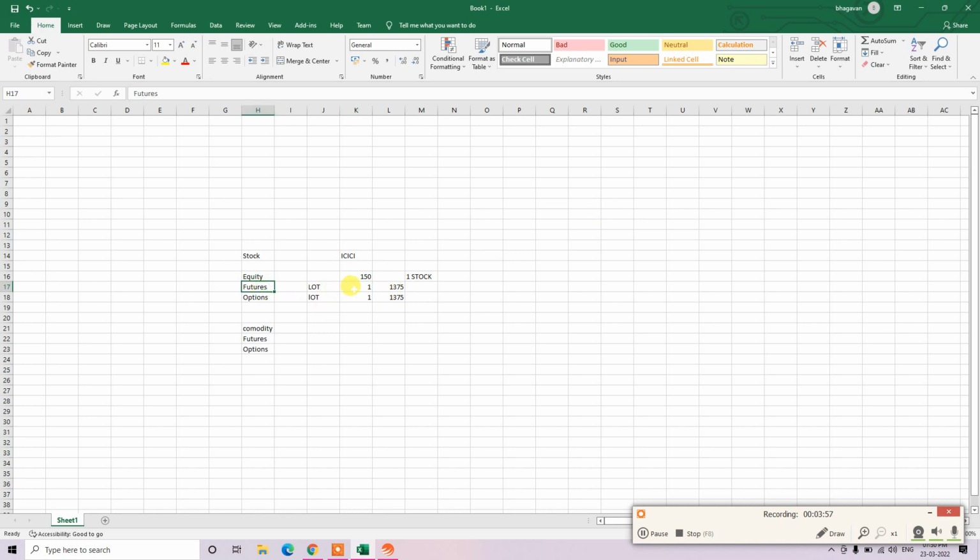Whereas in futures, if you want to buy one particular ICICI lot, it is equivalent to 1375 stocks. Options are also the same, equivalent to 1375 stocks quantity. So whatever quantity is required, we can buy in equity. In futures and options, whatever quantity is defined by NSE, we have to buy those.